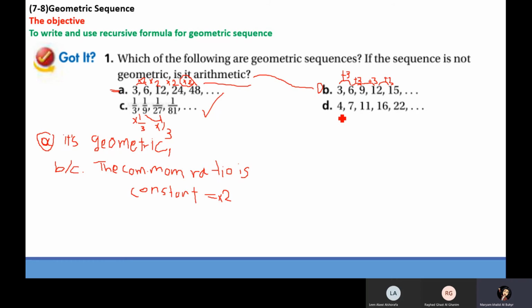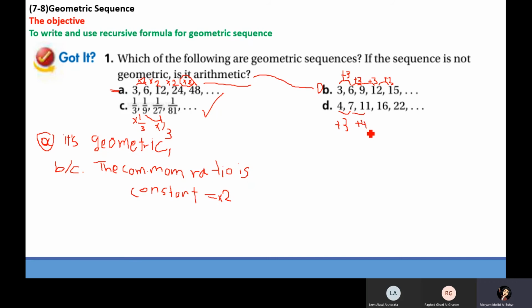For D, which is the last one, if we try multiplication, we cannot, definitely. If we try division, we also cannot move from 4 to 7. There is no specific number. Maybe we can have a fraction, but we cannot move easily. But if we try plus 3, we will get 7. Then from 7 to 11, we will plus 4.